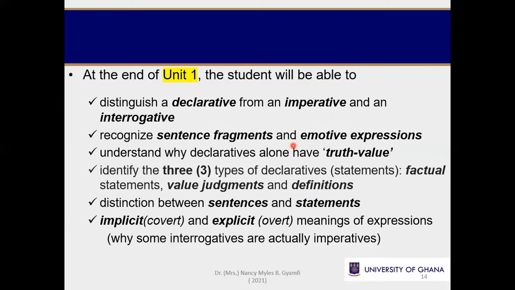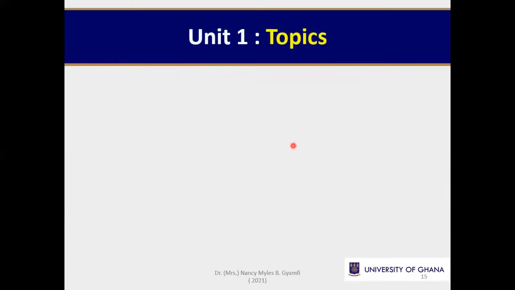You see the implicit and explicit meanings of expressions. You see value judgments, definitions, factual statements. All these are there. It's as if these are so many things. It's just simple, straightforward, okay? So you should engage the textbook. And then come, let's start.